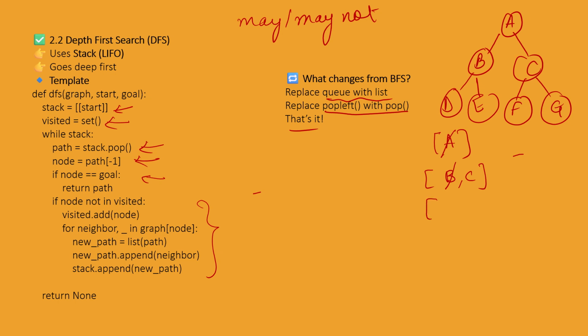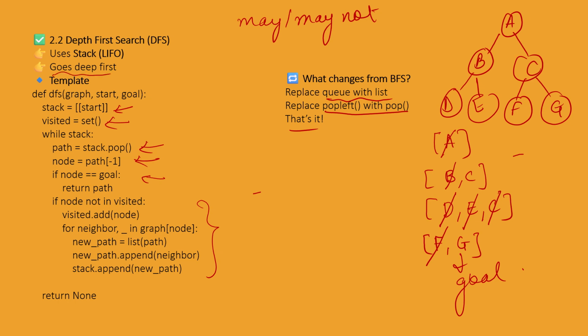Now it will be, B is getting popped, so D, E. D gets popped. So you have no neighbor, leave it. E gets popped, no neighbor, leave it. Now C gets popped. C has neighbors F and G. F gets popped, no neighbor, and you reach the goal node. So this is how DFS works. Go deep.